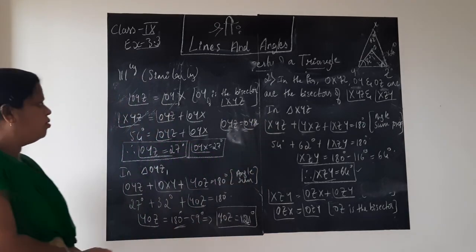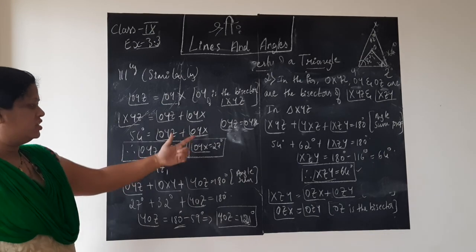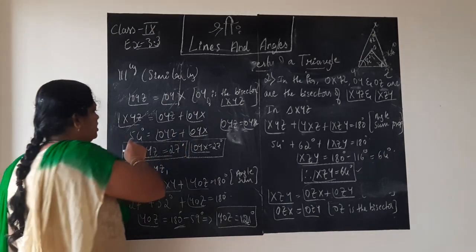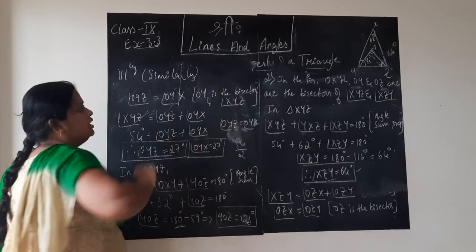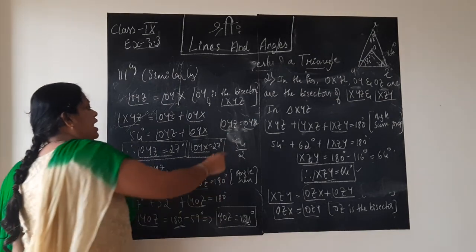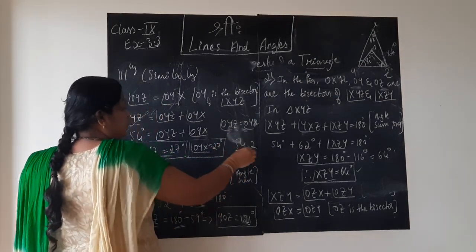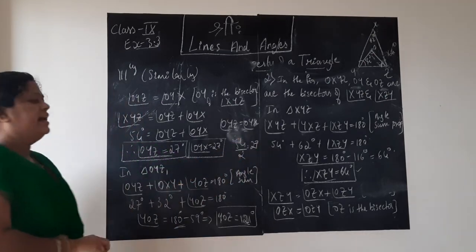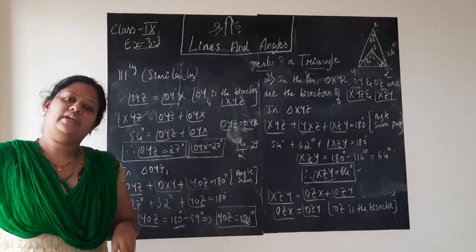OYZ is equal to OYX, so in place of OYZ plus OYX, children, what I am doing is the total whole angle Y is 54 degree. The bisector OY is dividing the 54 degree into equal halves, so I will do 54 by 2. 2 2s are 4, 1 remaining, 2 7s are 14. Hence, I will write OYZ and OYX both are equal to 27 degree.